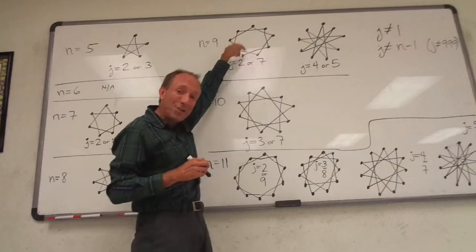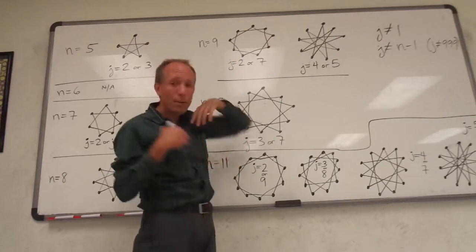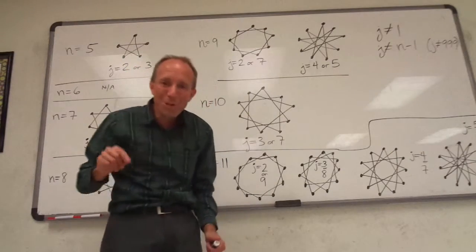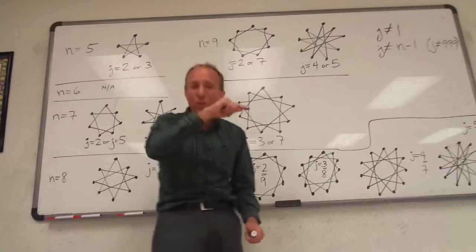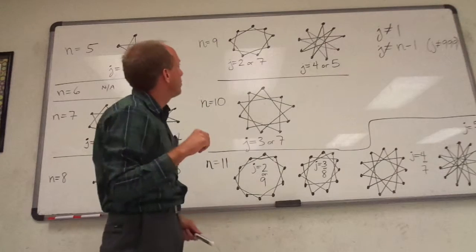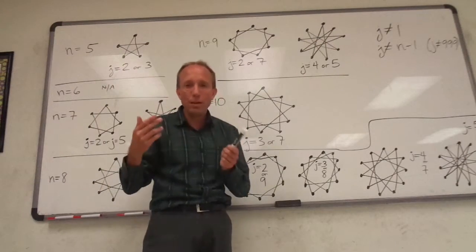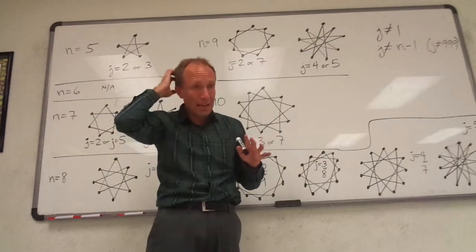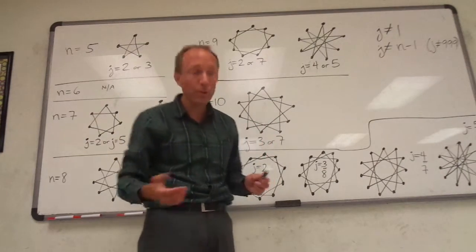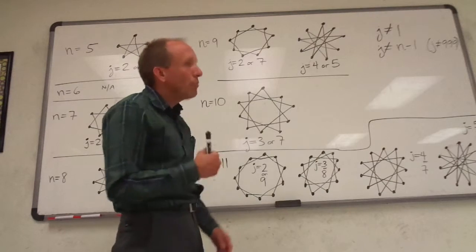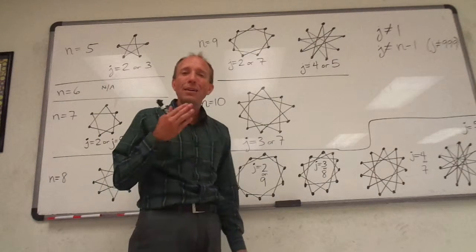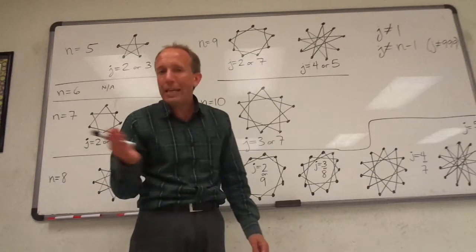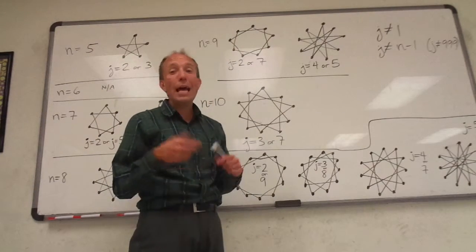If you try to draw stars using j equal to 3 or 6, you create premature triangles. You'll return to the starting point before you've connected up the entire star, and that's a violation of the rules for a star. So the question really becomes, how many of the possible j values don't have any common factors with n?